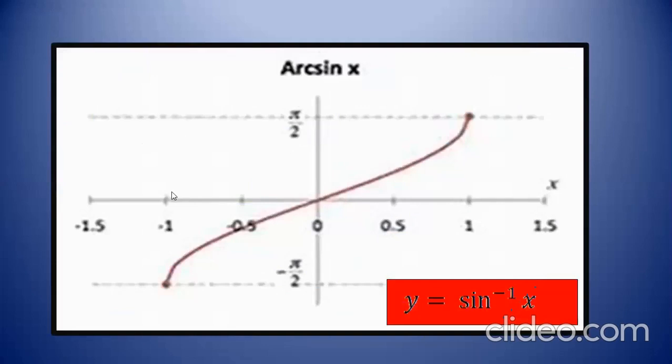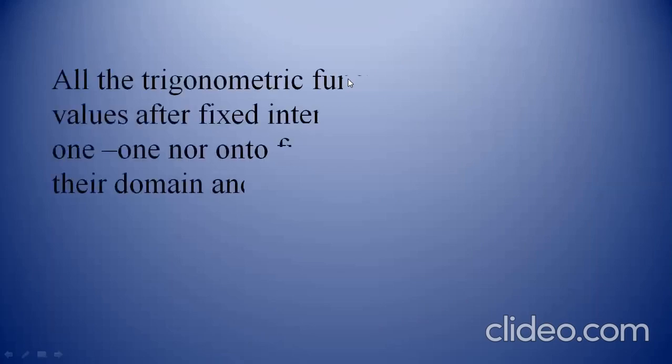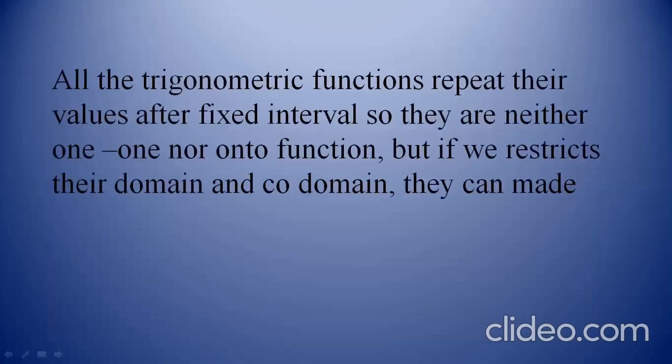The domain is minus 1 to 1, so we plot it on the x-axis, and the range, which is minus pi by 2 to pi by 2, we plot on the y-axis. So this represents the sine inverse x graph, and it is also denoted by arc sine x. Similarly, we can easily draw the graphs of the other inverse trigonometric functions.